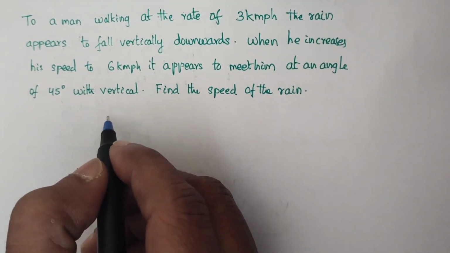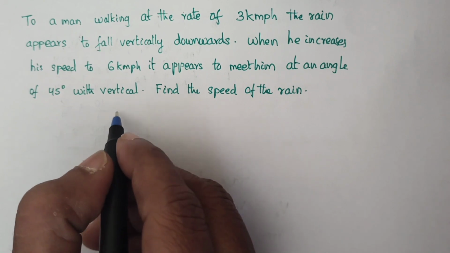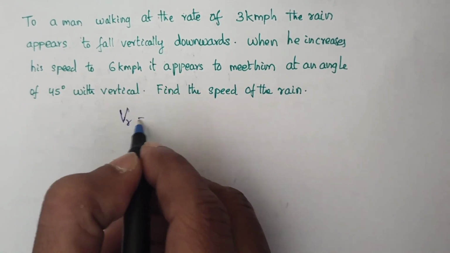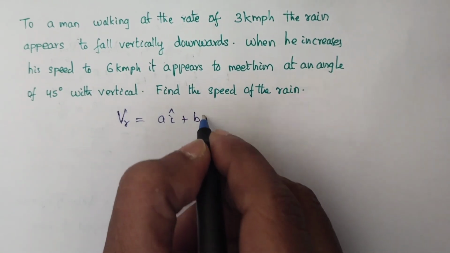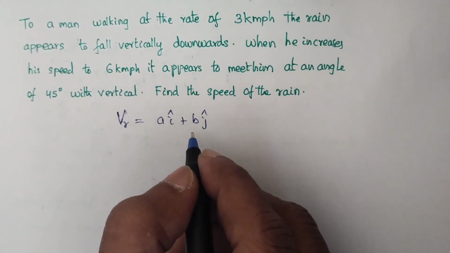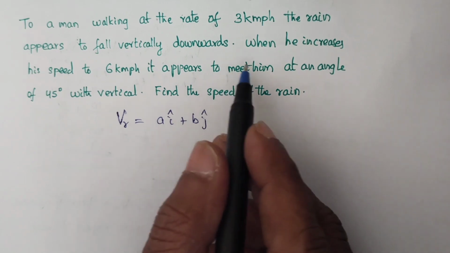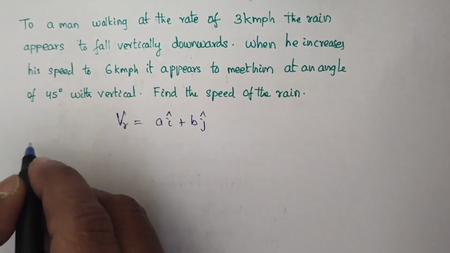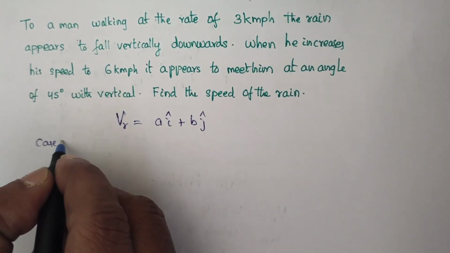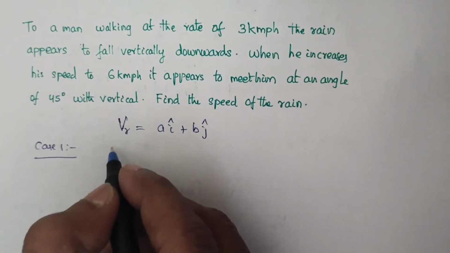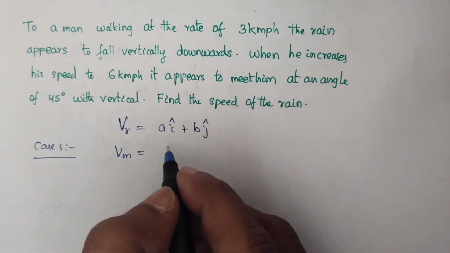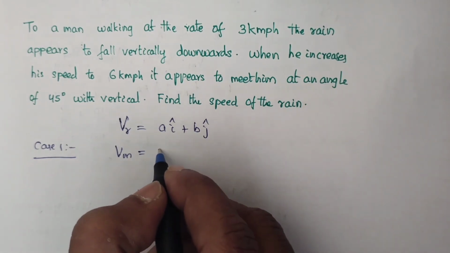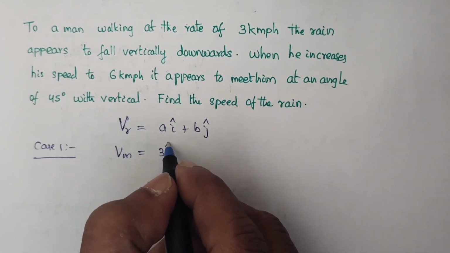So let us see the velocity of rain VR is equal to a i cap plus b j cap. By using this vector form we can easily solve this. You see case 1. In case 1, the velocity of a man Vm is equal to 3 km per hour i cap.